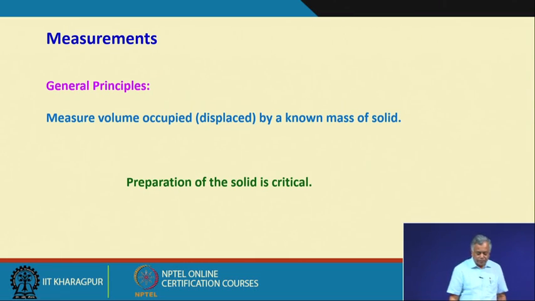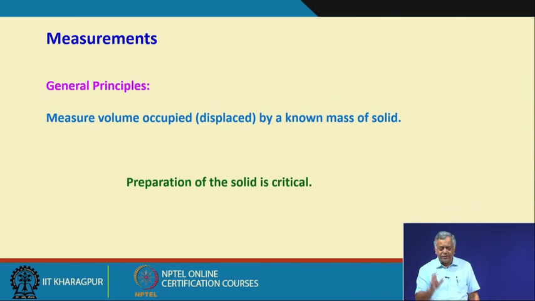You all know it is a school standard, we have learned this in schools. So, in this case it is very easy to say, but the preparation of the solid is very critical, because if I want to know the true density of a particle, I have to prepare that particle to a very fine size range.